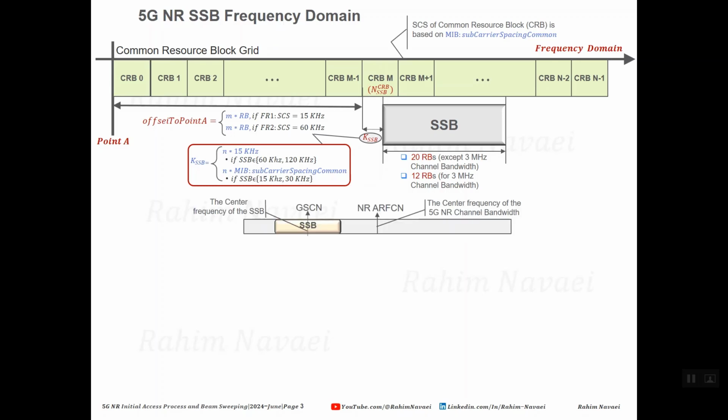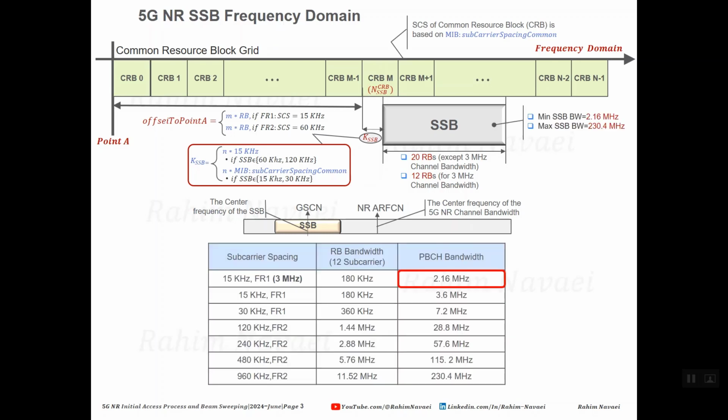The SSB can be configured at any point within a carrier's frequency range that is aligned with the subcarriers of the common resource grid, offering more flexibility than the fixed center frequency configuration of LTE. The SSB bandwidth can range from 2.16 MHz to 230.4 MHz.